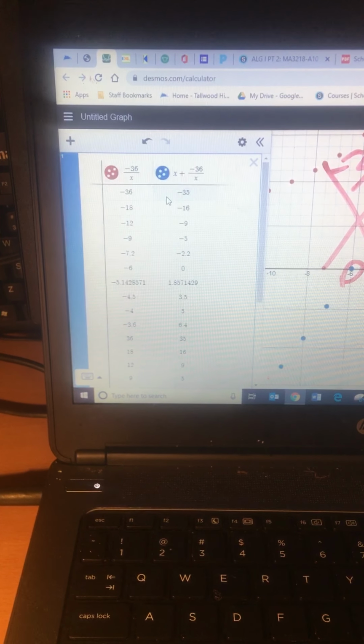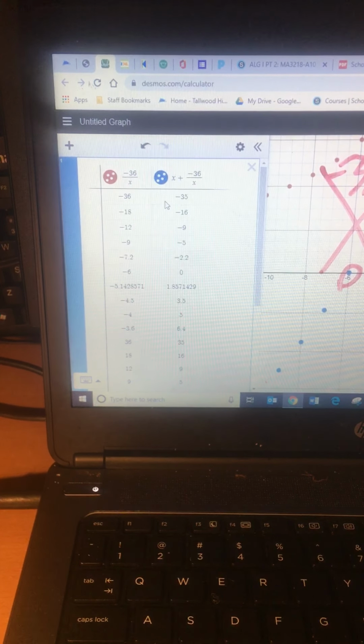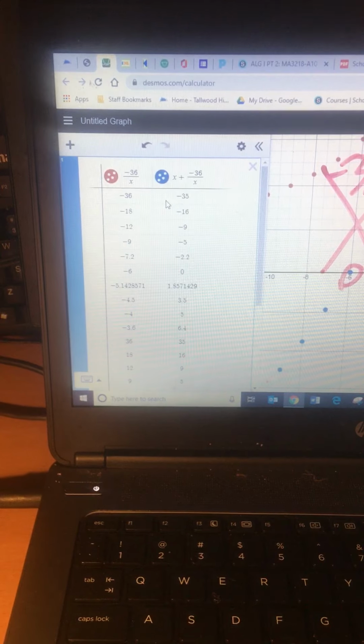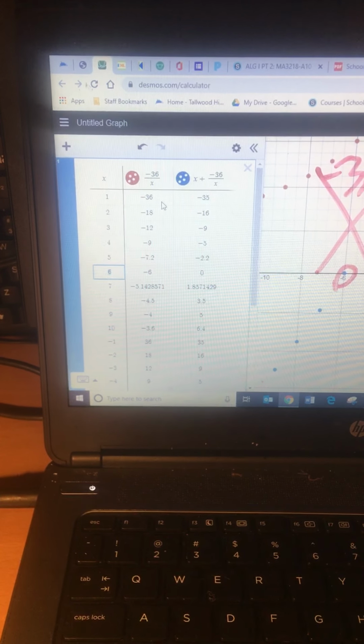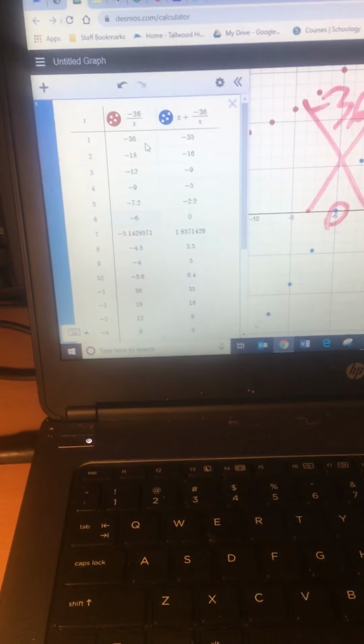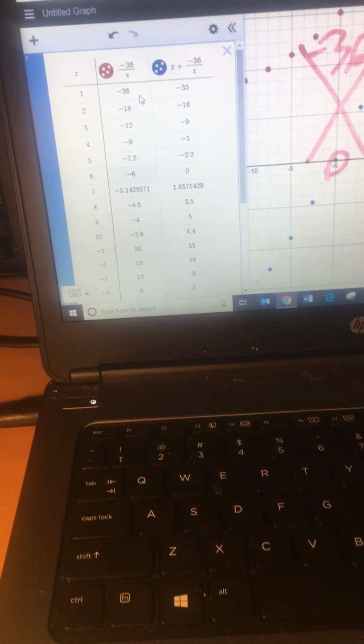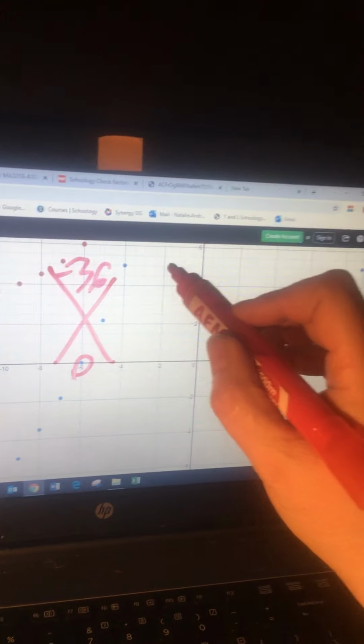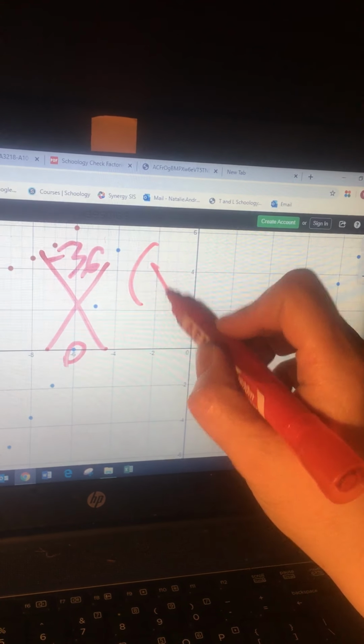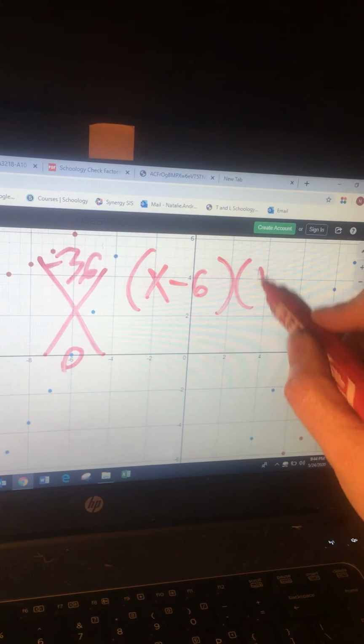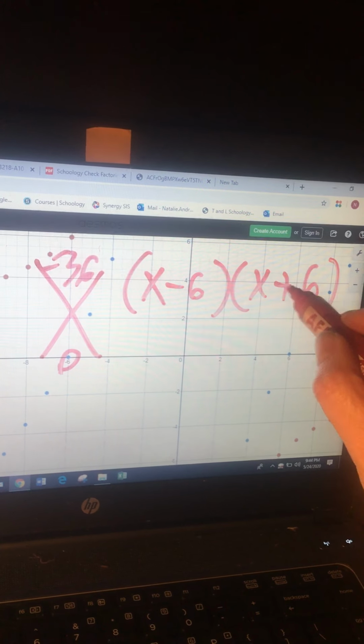So let's go to the third column. There you go. So we found the 0. 6 and a 6. Same deal. I'm going to write it right there. Now don't forget, you still have to look for your GCF.